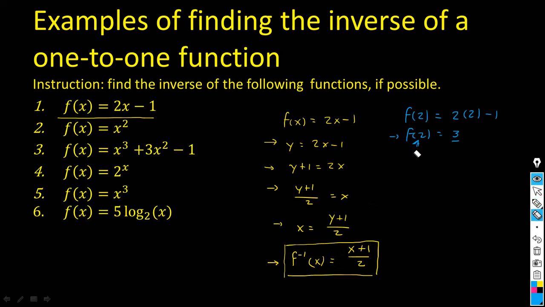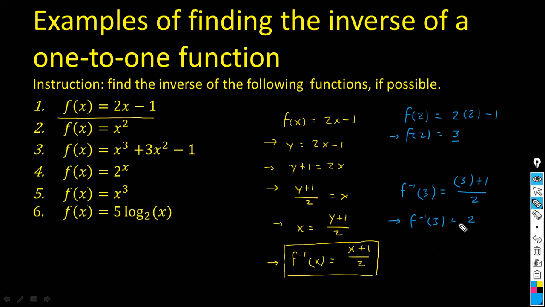So let's check. Let's evaluate this inverse function at 3 and see what happens. I'm gonna do it over here. f inverse of 3 is equal to, according to this, 3 plus 1 over 2. Now let's run this calculation. This is 4 over 2, which is 2.